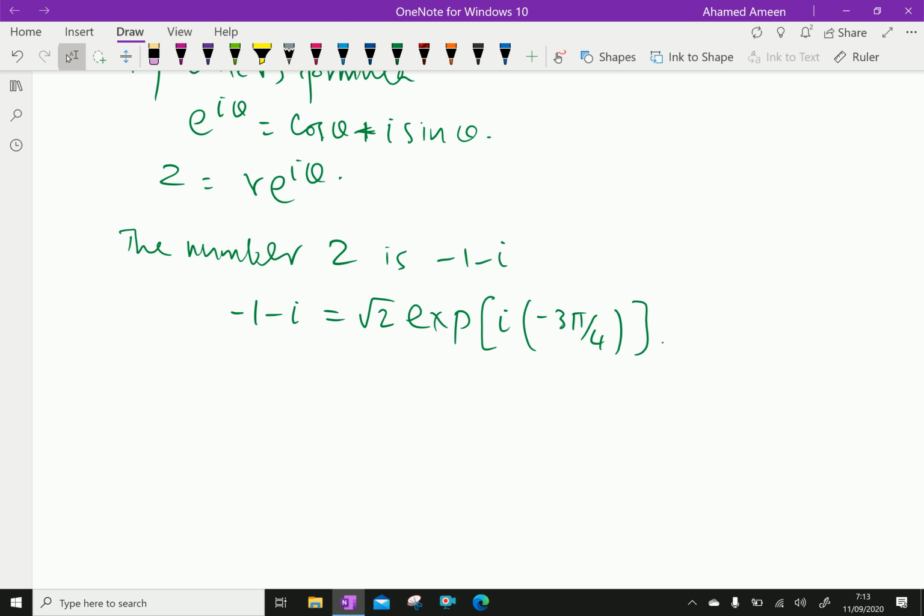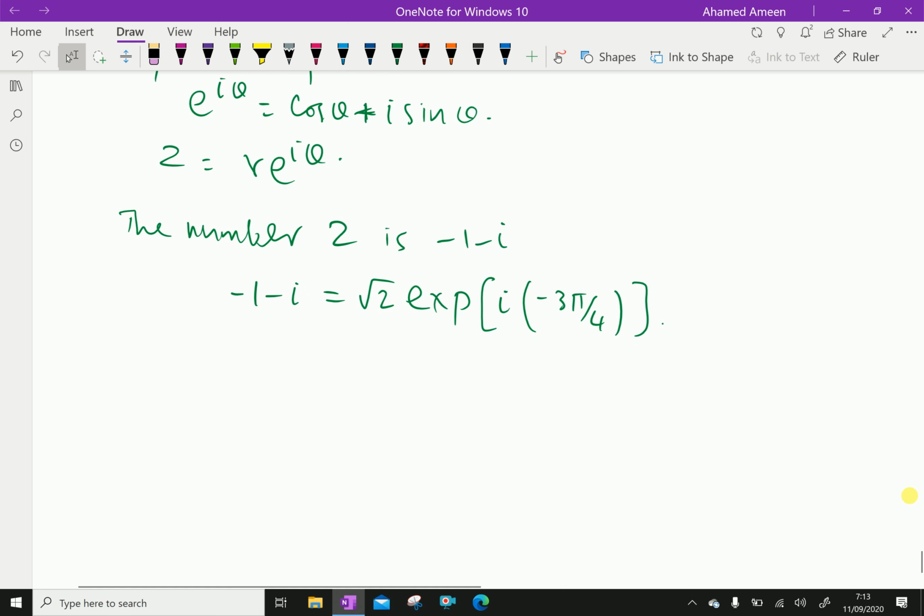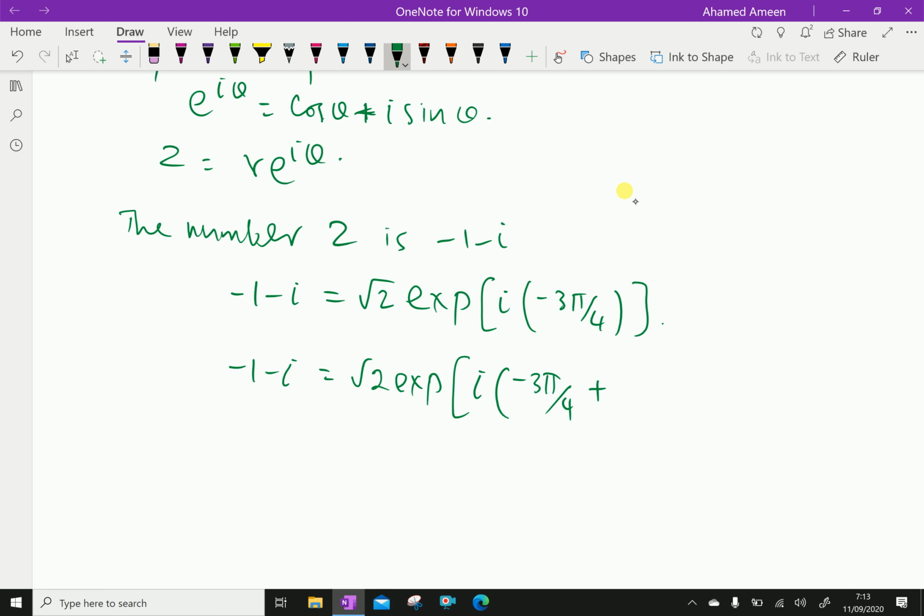In general, we can express this as root 2 exponential of i times the argument, where the principal argument is this one, but in general you can represent it as minus 3 pi by 4 plus 2n pi, where n equals 0, plus or minus 1, plus or minus 2, and so on.